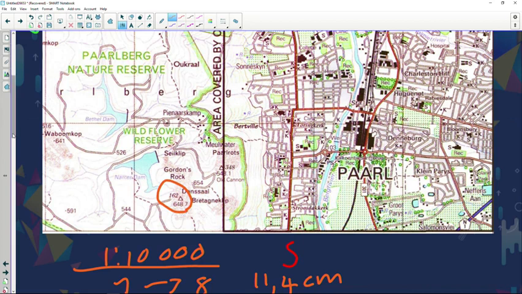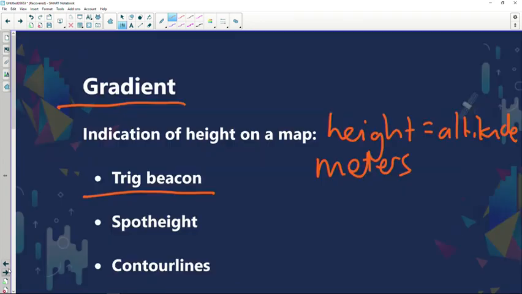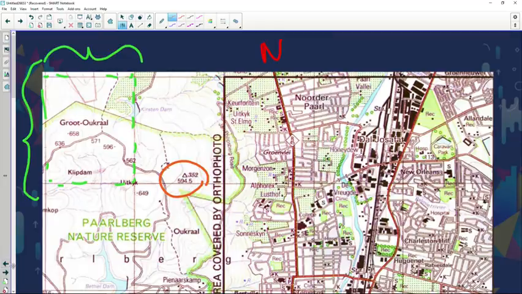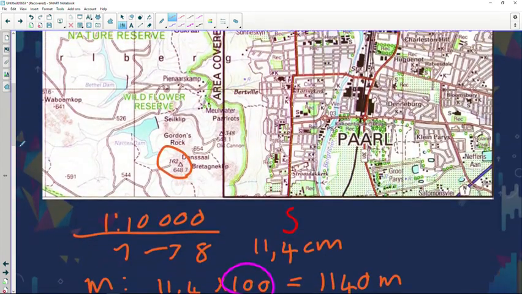Now, our second reference that we use to represent height is a spot height. We've dealt with them a couple of times when we did calculations, and as you can see, there's a spot height situated over there. It tells us it's 658 meters in altitude. Just to show you another one, there's another one, 591 meters in altitude.